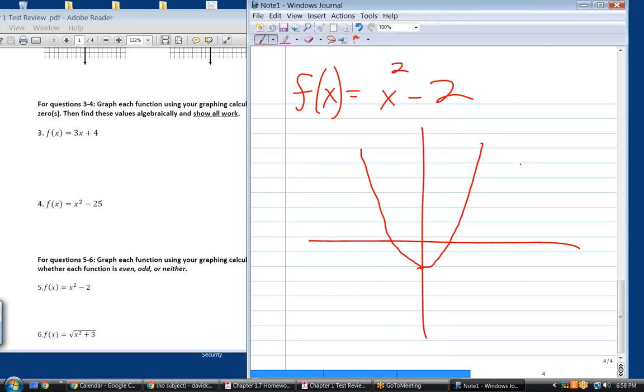Where's the y-intercept there? Negative 2. Correct. And the y-intercept is always found by just substituting 0 for x. Because when you're on the y-intercept, x is 0. So the y-intercept's 4 minus 25 minus 2, square root of 3.